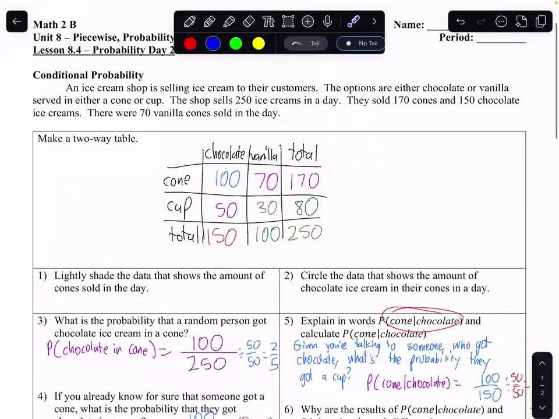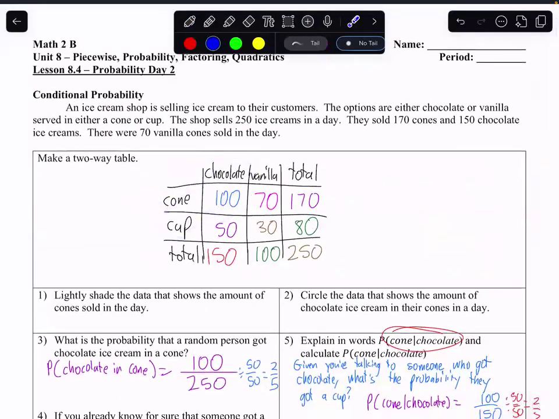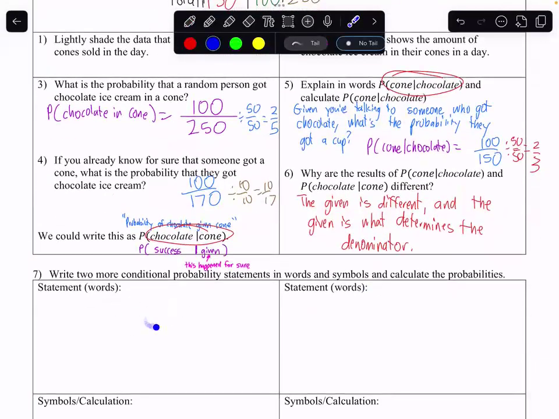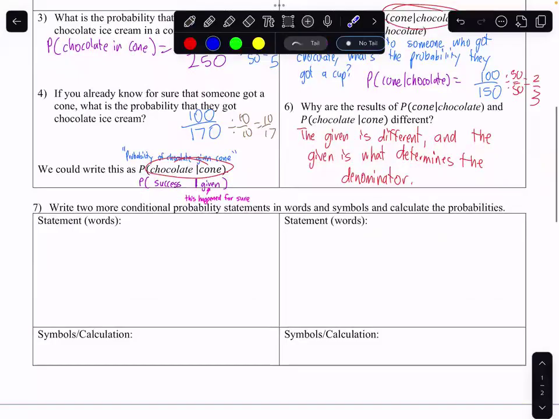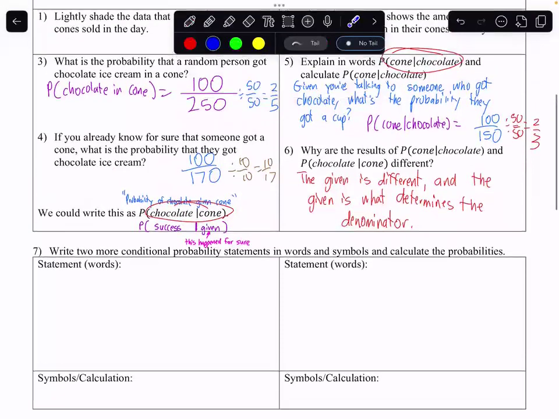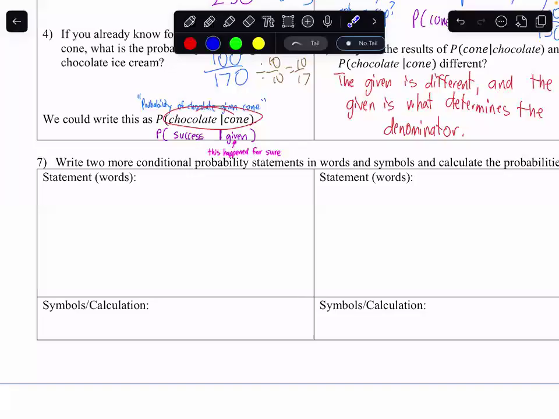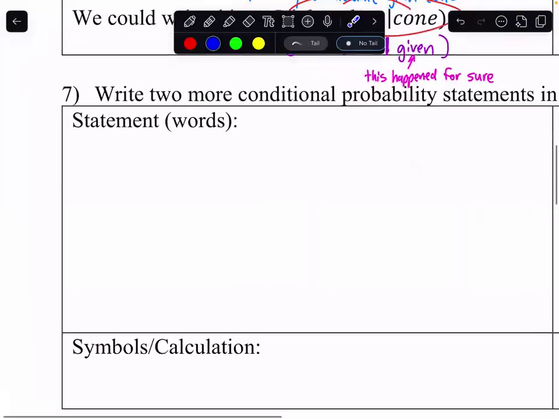Using the info above, first give me a sentence about what you're asking, and then give me the symbols and then the actual fraction as well. Please take a few minutes and try to do both, or the entire rest of this section. Again, your answers may not match mine. They can still be correct. If you're not sure if yours is correct, I'd be happy to look it over afterwards.